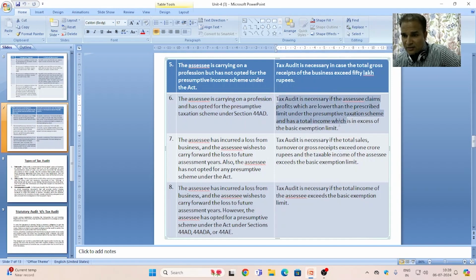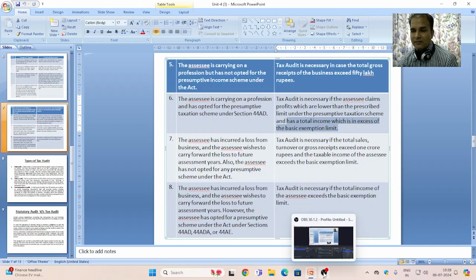Tax audit is necessary on the condition that the SSC claims profit which is lower than the prescribed limit under the presumptive taxation scheme and has a total income which is in excess of the basic exemption limit.